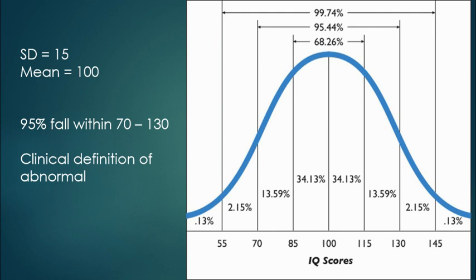So before we move on, let's talk a little bit about the standard curve, the normal distribution. If you have taken a statistics course, whether inside psychology or not, you are probably familiar with what's on this slide right here. On this slide, we have a normal distribution.